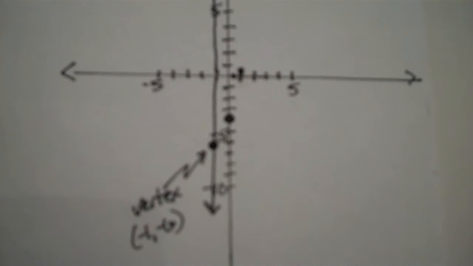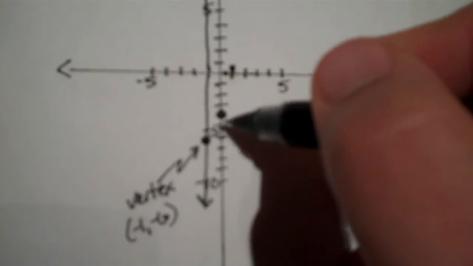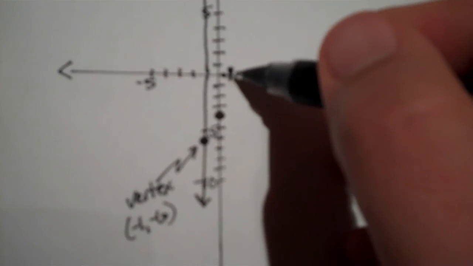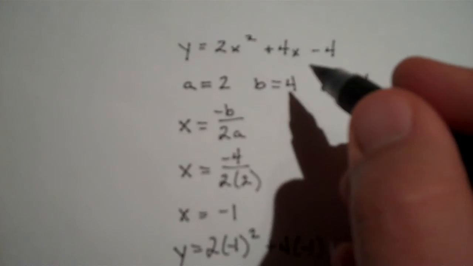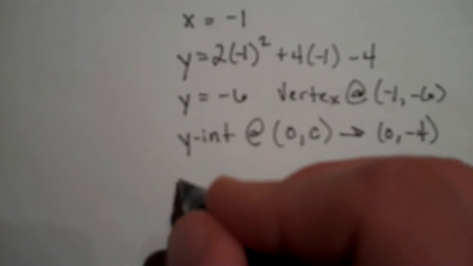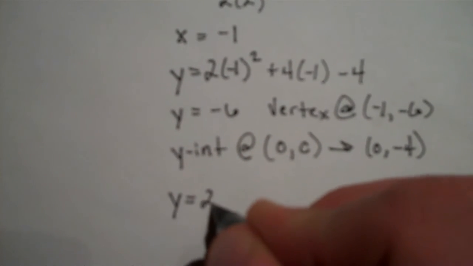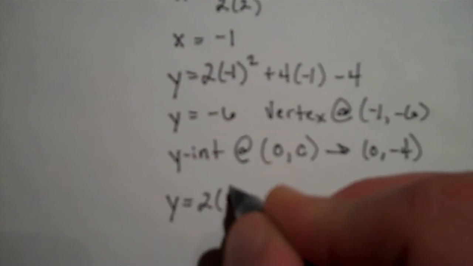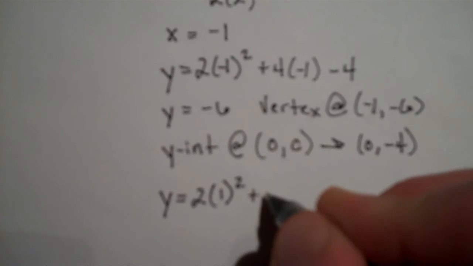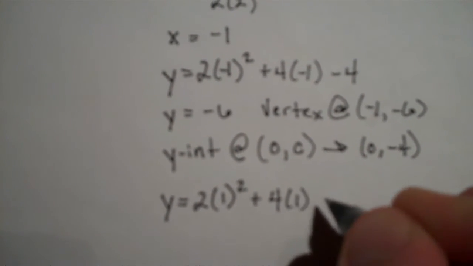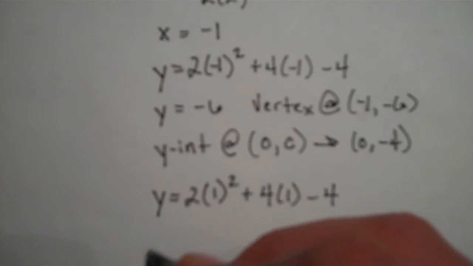Now I also like to find one more point on that same side of the line of symmetry. So let's put in the x value of 1. So I'll go back to my original equation and I'm going to put in an x value of 1. So now I get y equals 2 times 1 squared plus 4 times 1 minus 4.